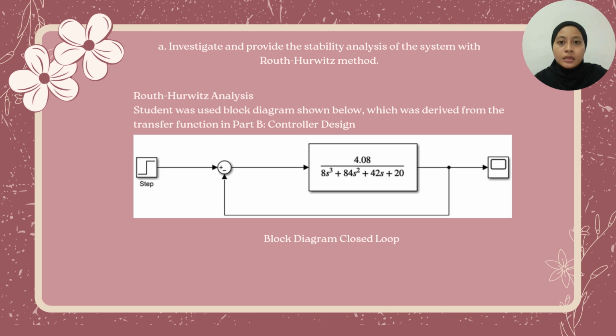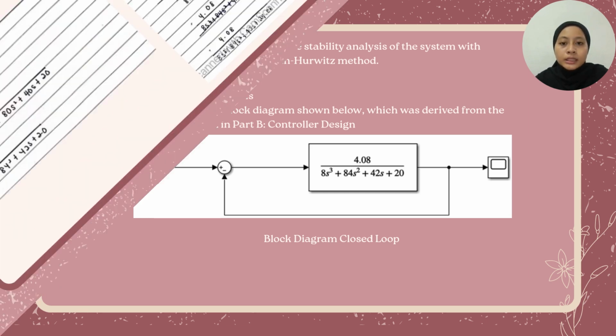Hurwitz analysis. Students used the block diagram shown below, which was derived from the transfer function in part B, which is controller design. In the closed loop block diagram, the numerator is 4.08 and the denominator is 8s cubed plus 84s squared plus 42s plus 20.